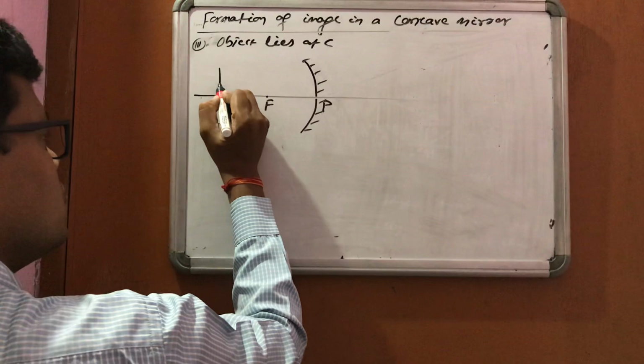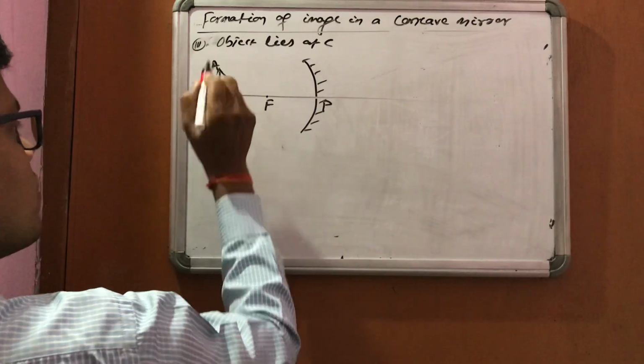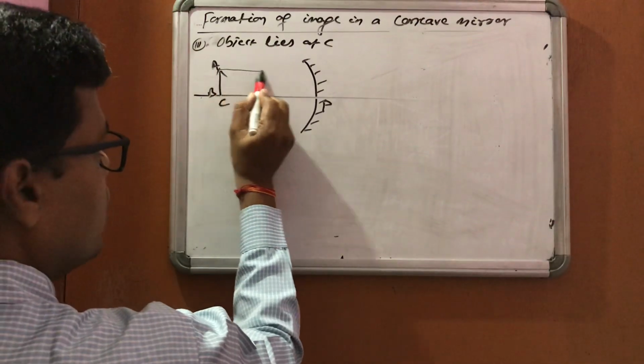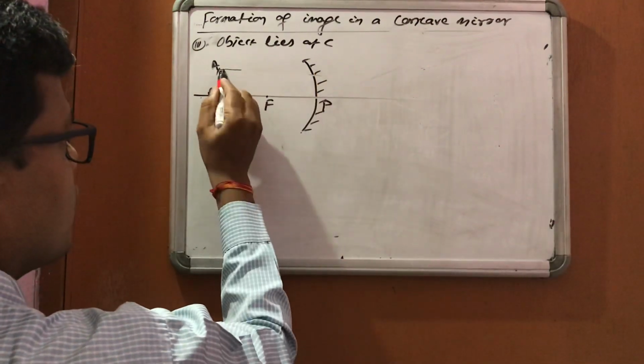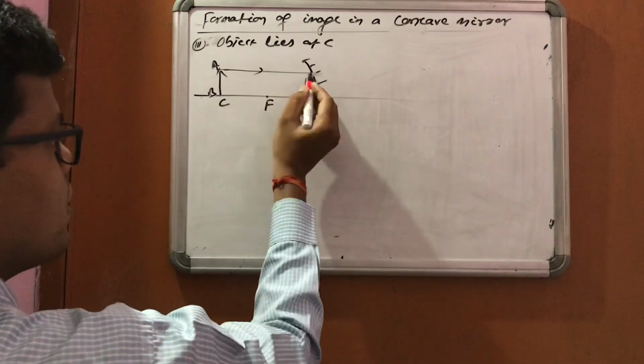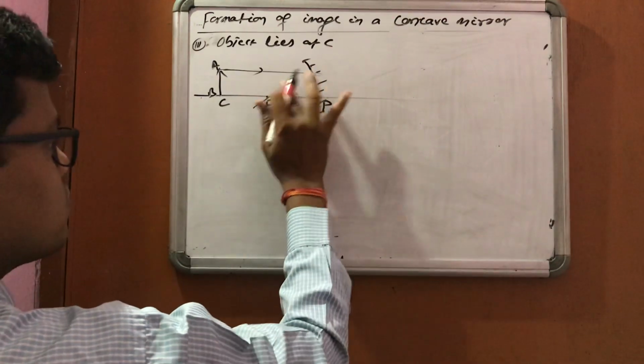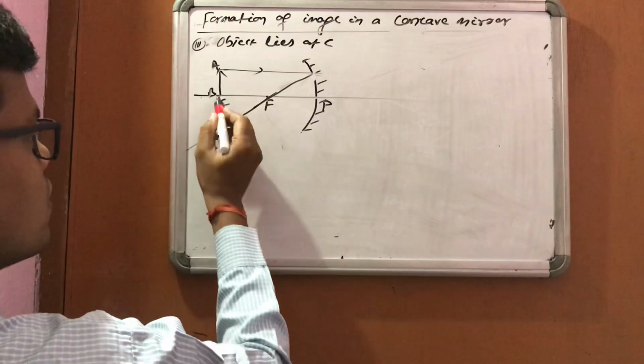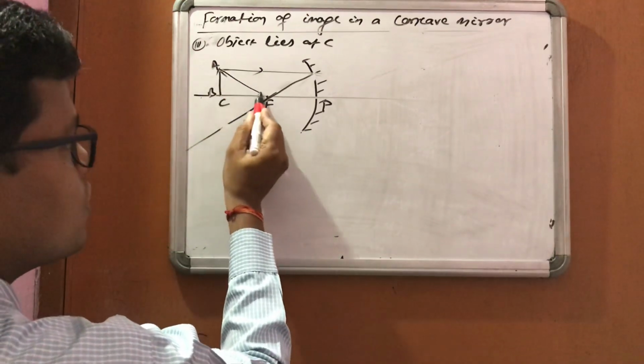The object is at C. The object is AB. Light ray coming from A passes through the focus. Light ray passes through the focus.